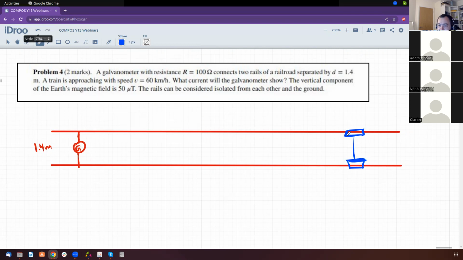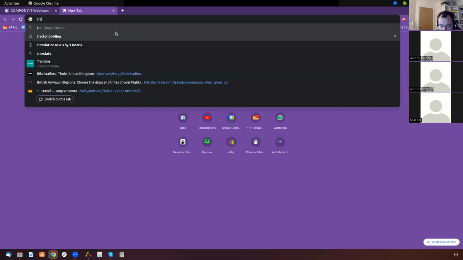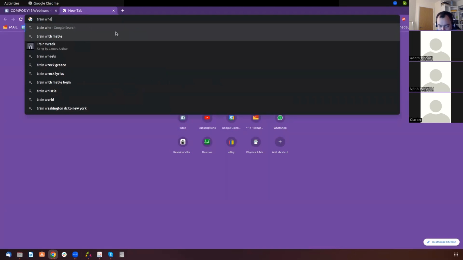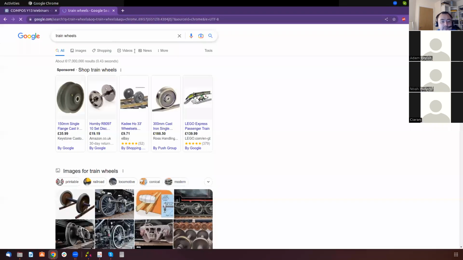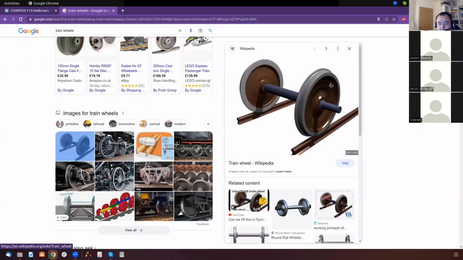Does everyone have an understanding of how train wheels look? Like this. They always look like this.